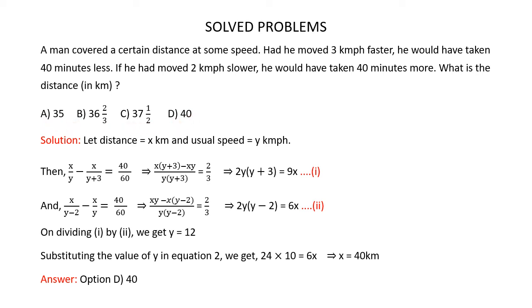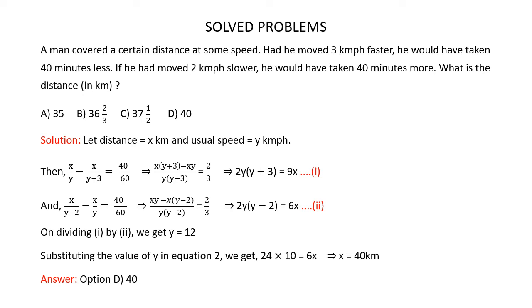Now it's given a man covered a certain distance at some speed. So we do not know what the distance is and we do not know what the speed is. So let's assume that the distance is x kilometers and the speed is y kilometers per hour.